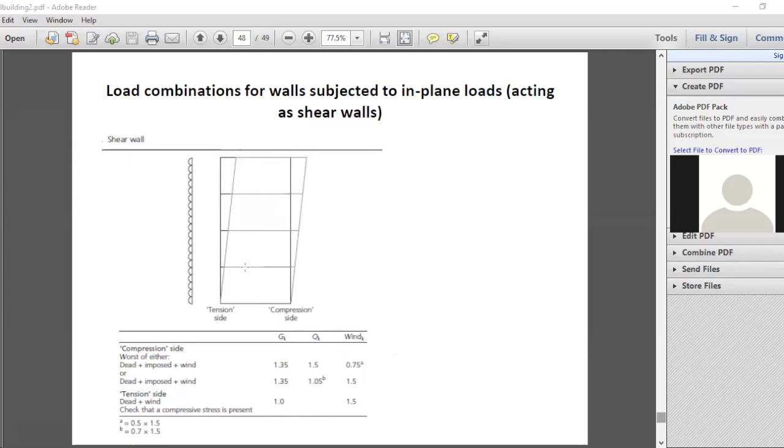So these are different load combinations that you have to consider when you do a 3D model. So those are the basic things I wanted to cover before we move on to the real applications.